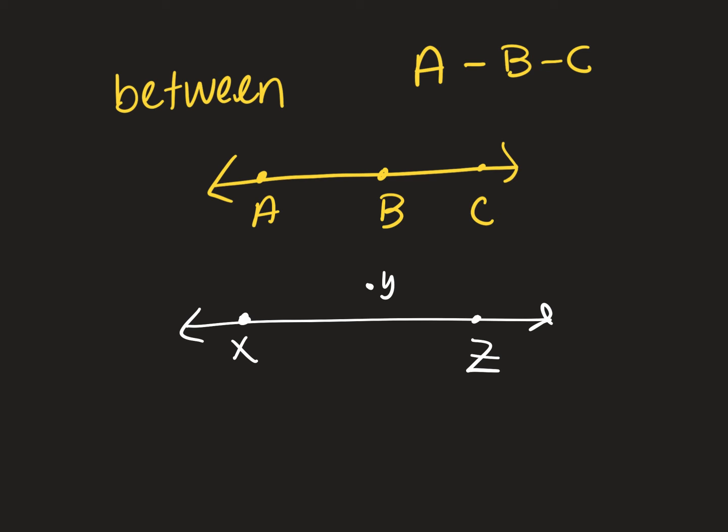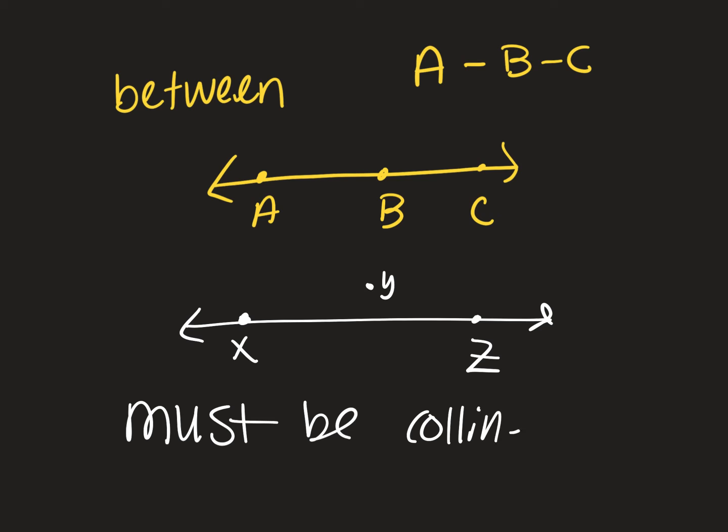So for stuff to be between, it has to be collinear. All right, does that make sense? Okay. Are we good with that slide? Okay.